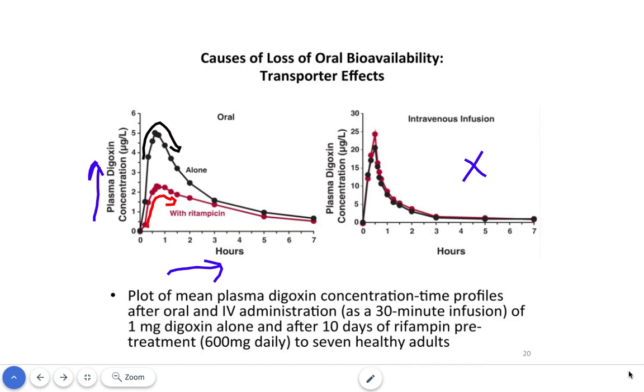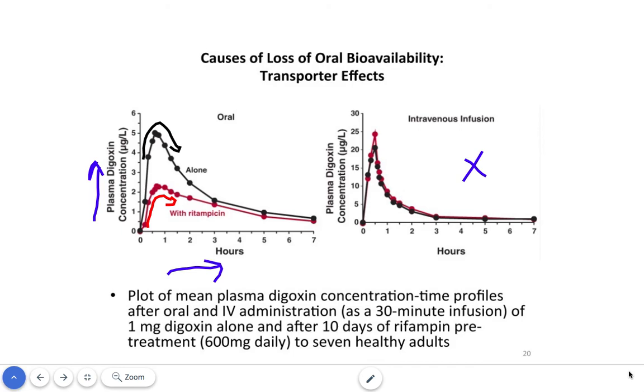And so why or how this happened is that they primarily studied the Cmax and Tmax parameters, and the mechanism that explains the drastic differences between the oral and the intravenous treatments is an increase in intestinal expression of P-glycoprotein, PGP, which is a very common efflux transporter.